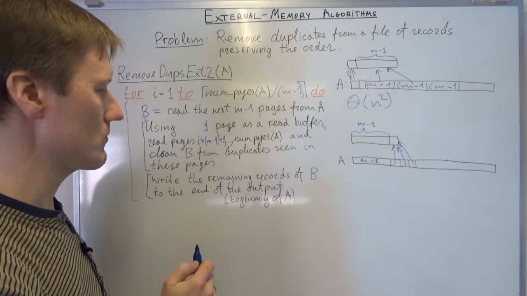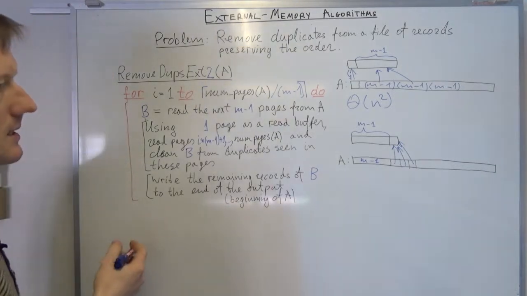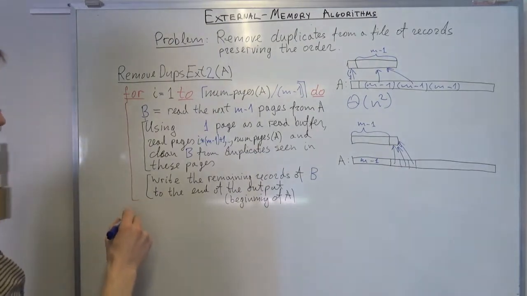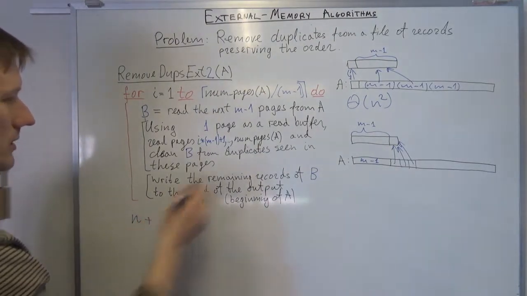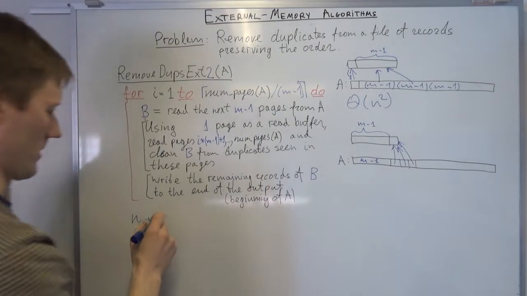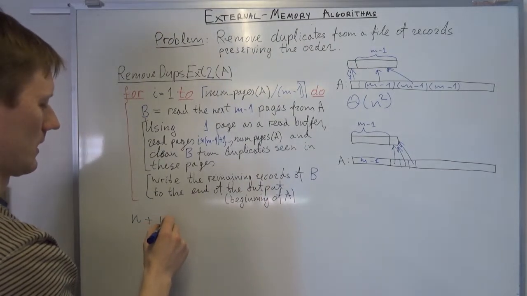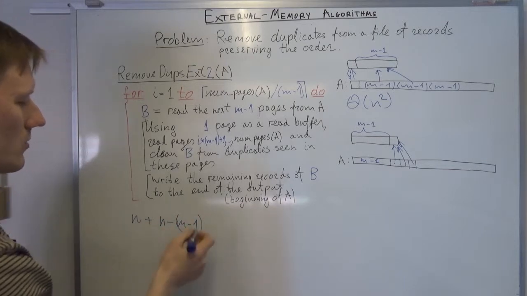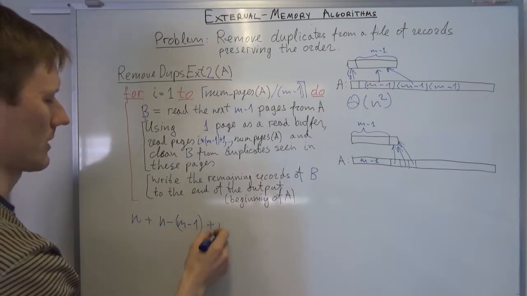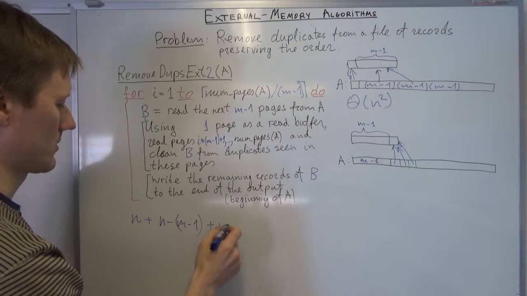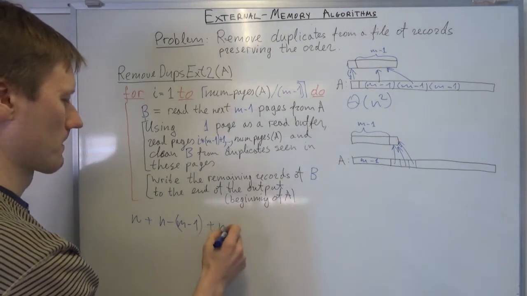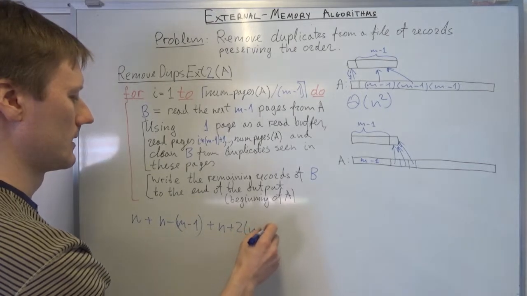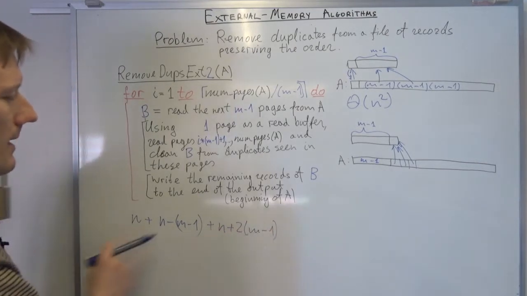So what is the running time of that? To clean the first m-1 pages, I'll do n IOs. To clean the next m-1 pages, I do n-(m-1) IOs, and so on. Again, an arithmetic series, but in this case we jump by m-1.